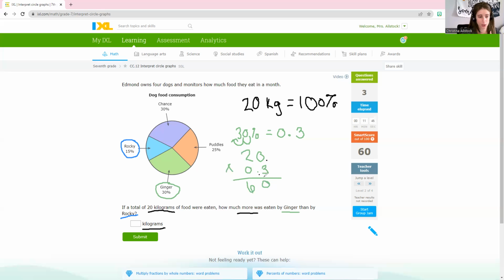But in this number, I have 1 digit following our decimal point, meaning in our answer, we need to have 1 digit that follows it as well, giving us an answer of 6. So Ginger had 6 kilograms of food.